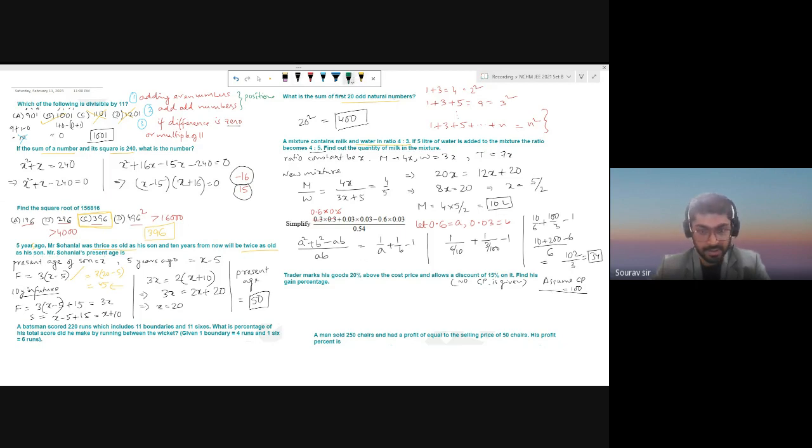So we had CP equal to 100, right? So what would the mark price be? 20% more, 120. Now what is the discount? 15% of that.